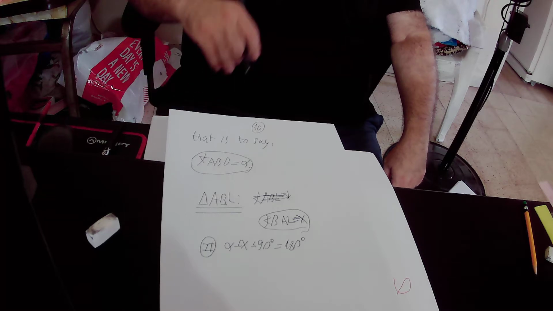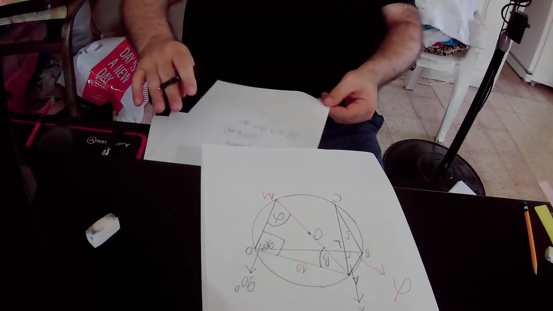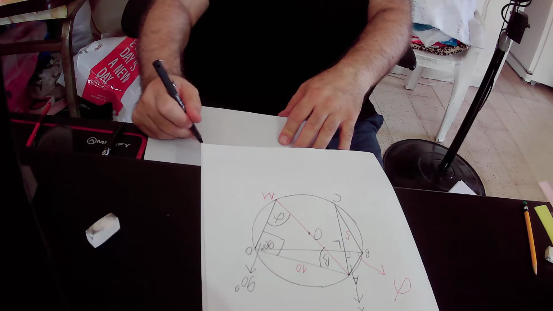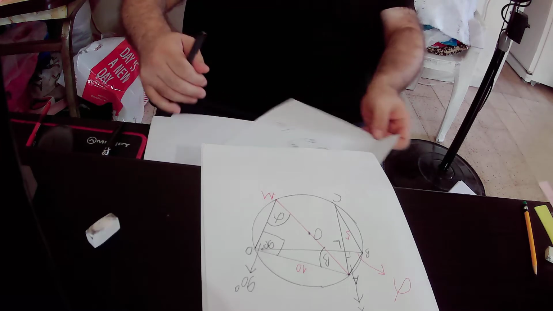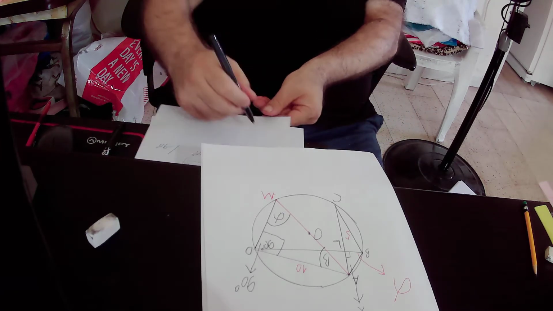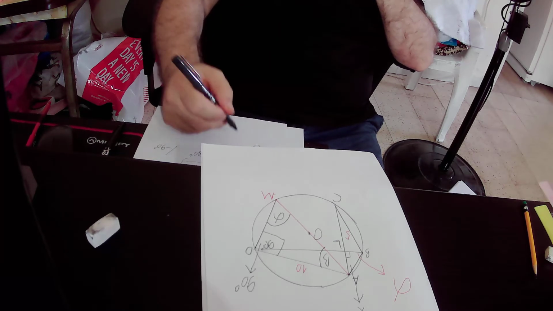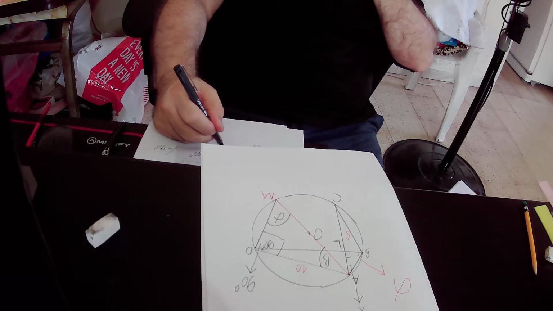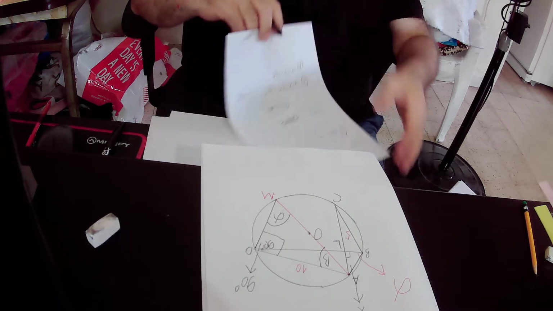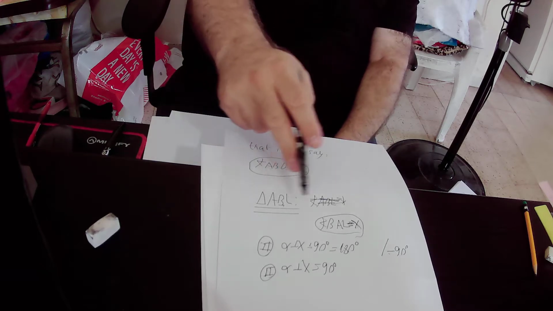Now we will subtract 90 degrees from equation number 2. So we subtracted 90 degrees from equation number 2.